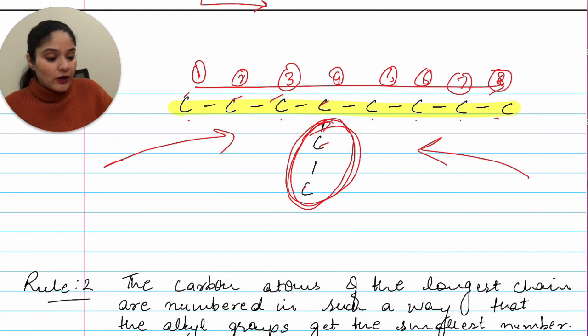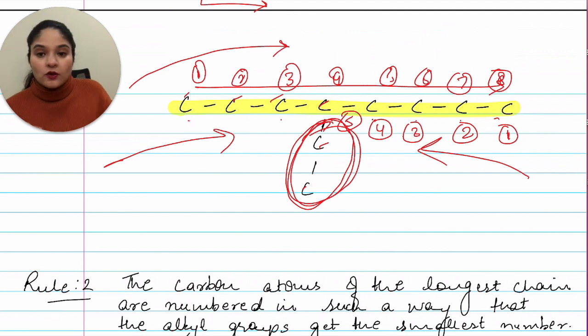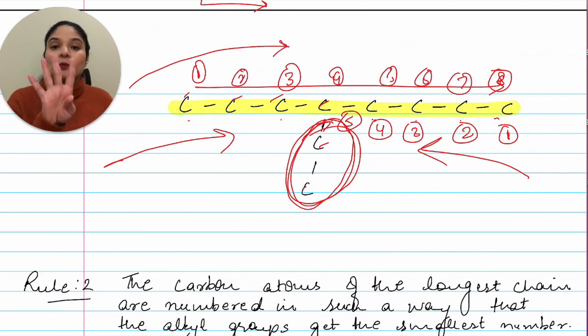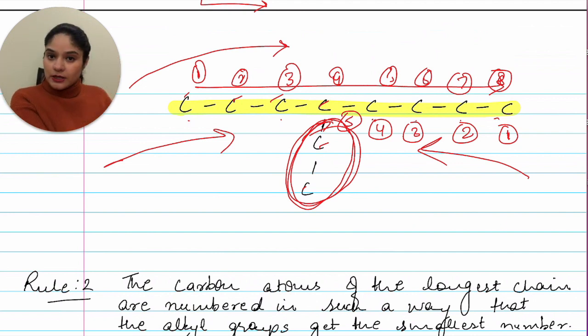Okay, so if I start numbering them from this side, 1, 2, 3, 4, 5. So my alkyl group is coming on number 5, and if I'm numbering them from left to right, my alkyl group is coming on 4th position. So I'll be selecting moving from left to right. That means your alkyl group should be at the smallest number possible.